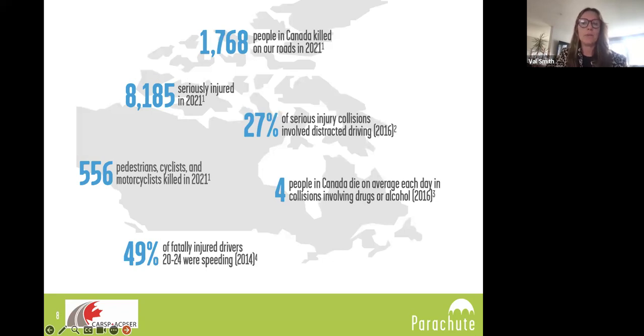An average of 300 pedestrians and 74 cyclists are killed each year, with over 73% of them being in a collision with a motor vehicle. We also know that a large proportion of our collisions and serious injuries happen at intersections, and that's going to be the focus of the Mobility Snapshot discussion today.